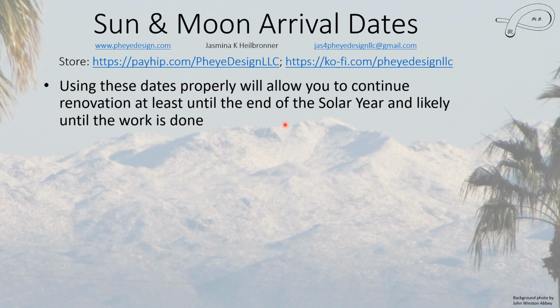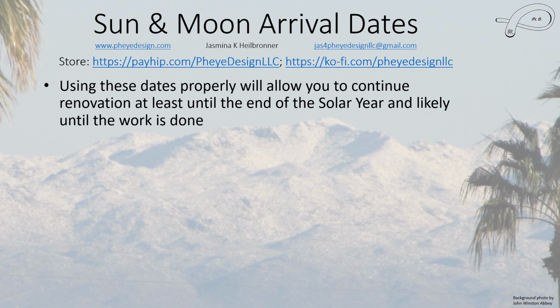Using these dates properly, that is starting the construction properly, will protect you from any negativity at least to the end of the solar year. And if there's no big breaks, it's likely to be good until the work is done. Now, if one year ends and the next year that area being renovated does not have an annual affliction, then you don't have to worry about this anymore. You're good. You can have breaks.